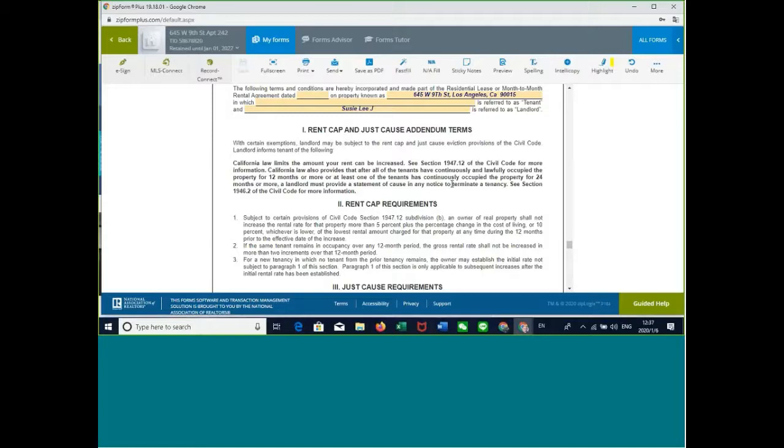Every city published their rent control ordinance. You read the rent control ordinance, you know whether a property is subject to that city's rent control or eviction control. Today we are not talking about that. Today we're talking about statewide. Entire state. It's the same everywhere in California. That's what we're talking about.